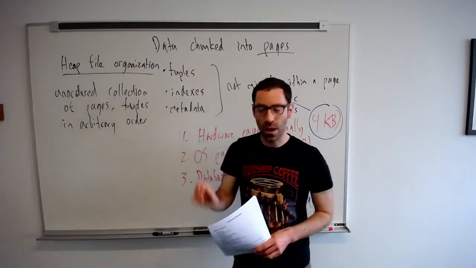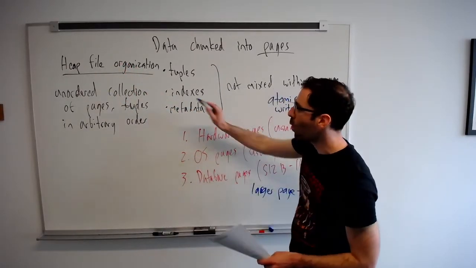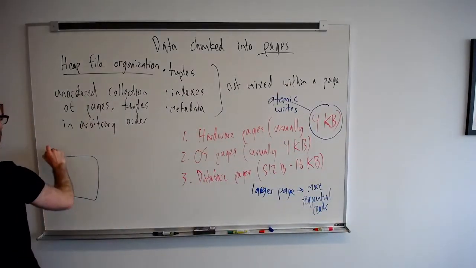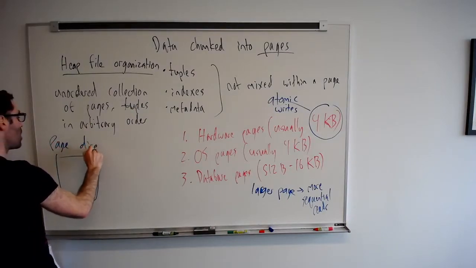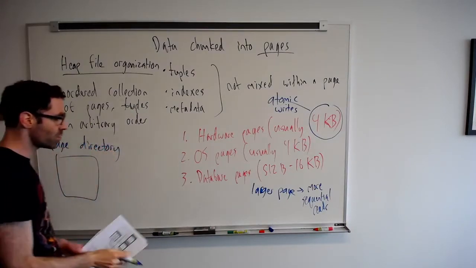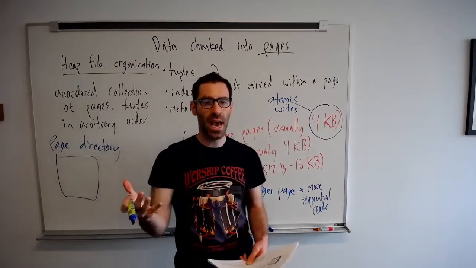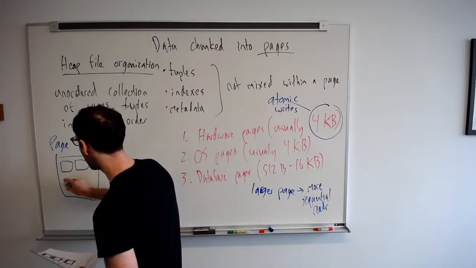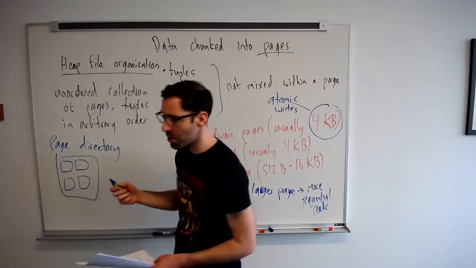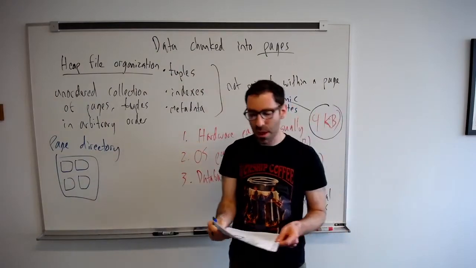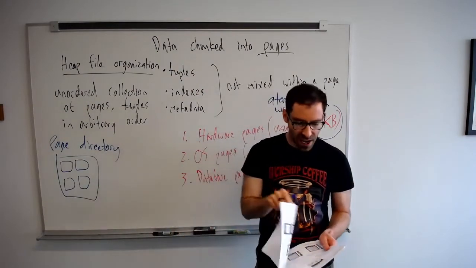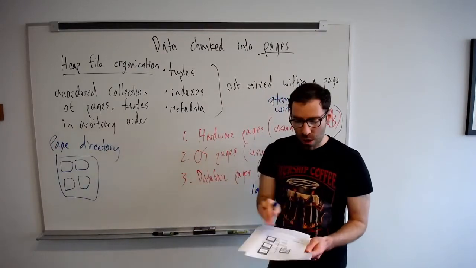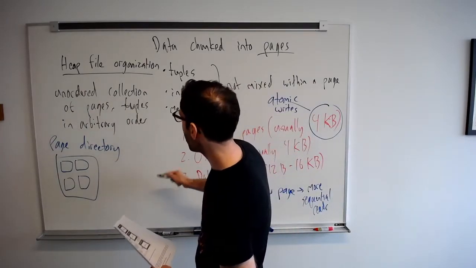Within this heap file, in order to find where a given page is, we have a page directory, which is basically a hash table that maintains for each page information about that page, such as how much free space it has, and where it's located within our heap file or heap files.